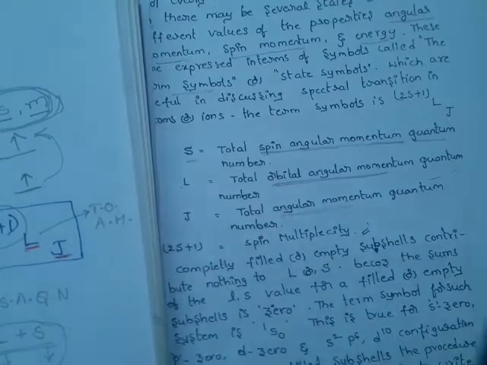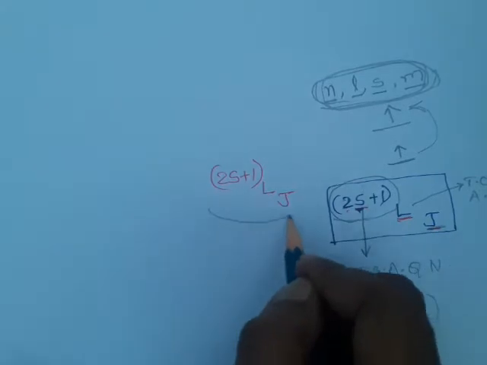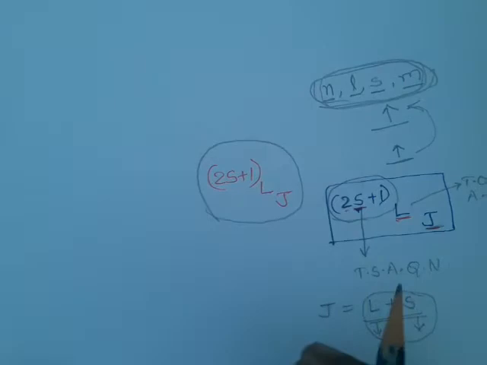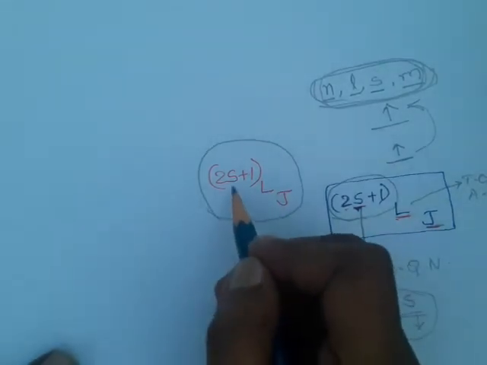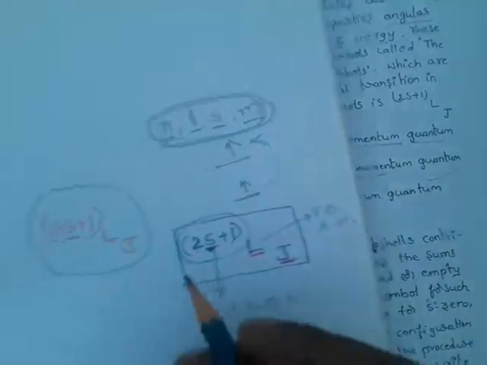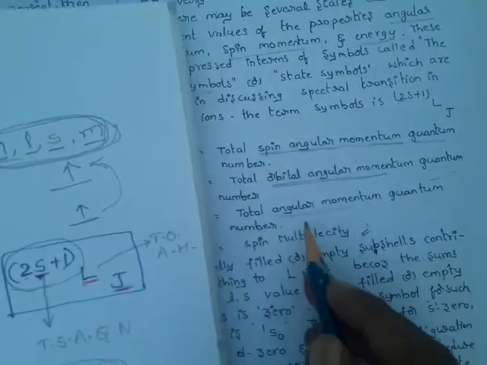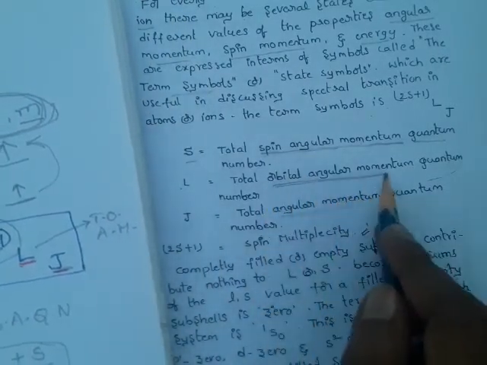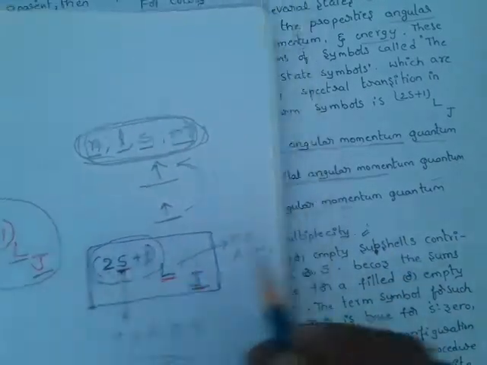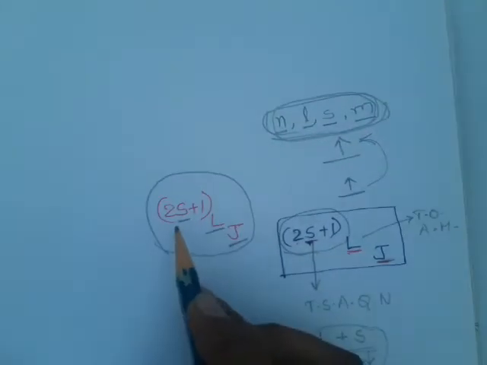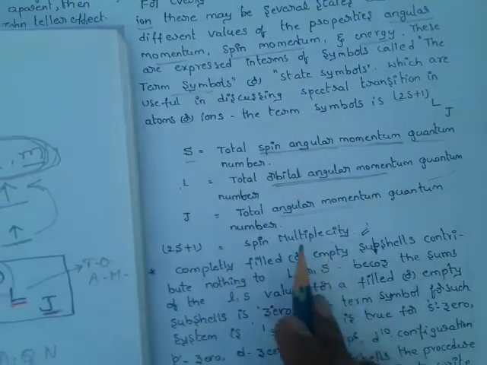These term symbols are based on the quantum numbers: S is the spin angular momentum quantum number, L is the total orbital angular momentum quantum number, J is the total angular momentum quantum number, and 2S plus 1 is the spin multiplicity.